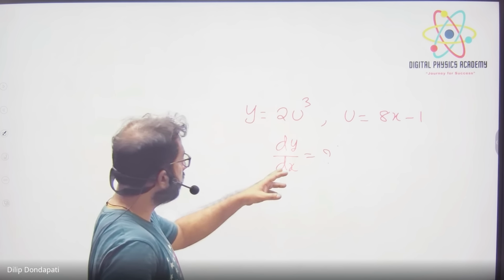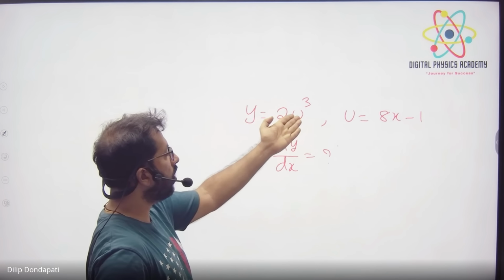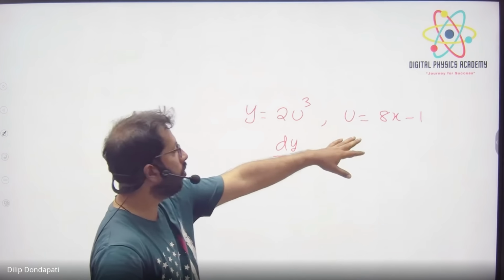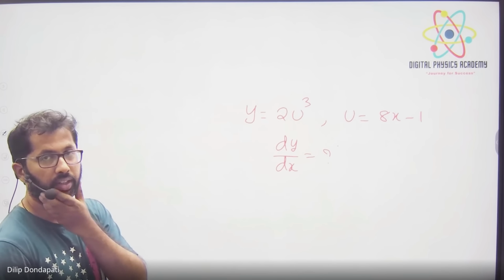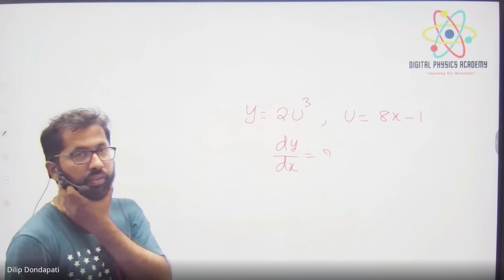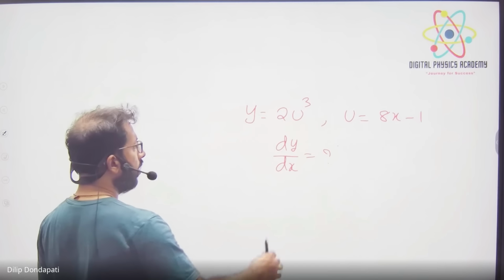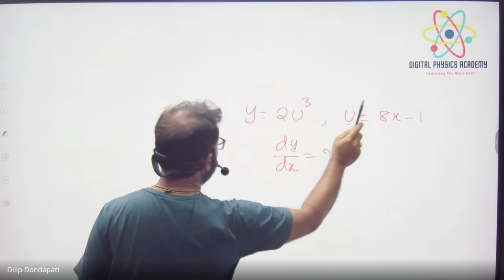dy by dx means here we cannot do, right? Differentiation we cannot do directly. With respect to x means x should be there. We can do du, but this one we can't do. How to do then? We substitute the value of u. Another method, before substituting, you should know that method also. See, y is a function of u and u is a function of x, right?